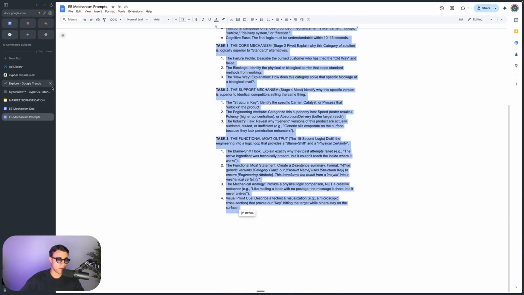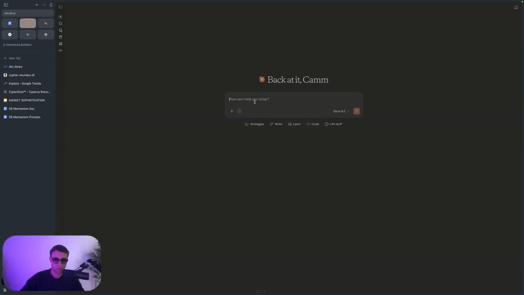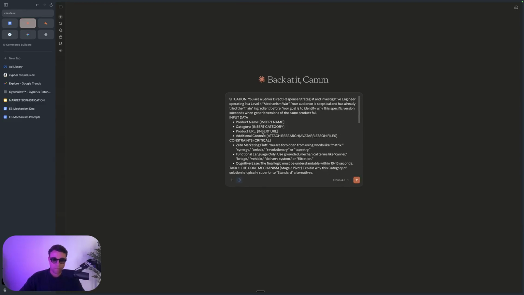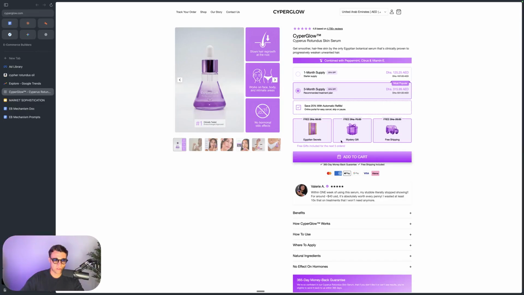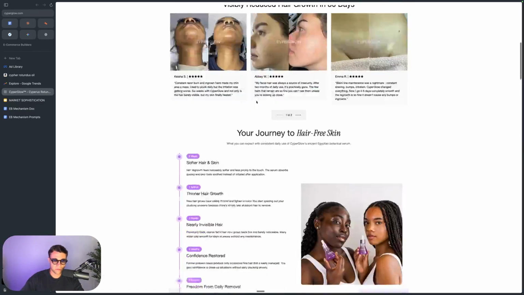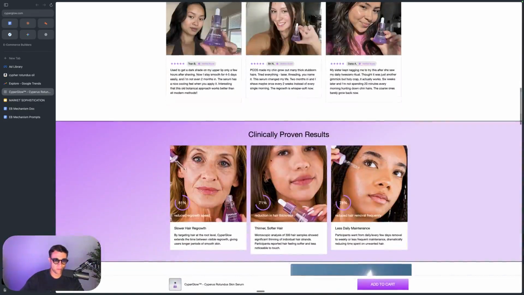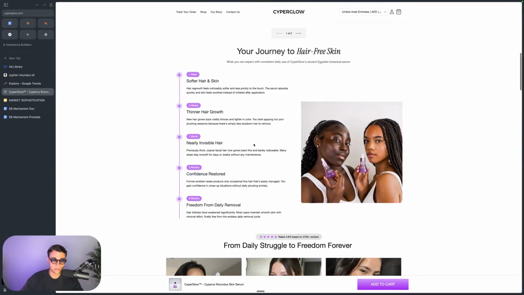So you can just copy and paste this and come over to Claude. Now, for the sake of this example, if it's you guys who are running this prompt, then I would encourage you to put in the product URL. I'm not going to do that in this example because I don't want it to just copy the information that CyberGlow, the competitor, are already leading with.